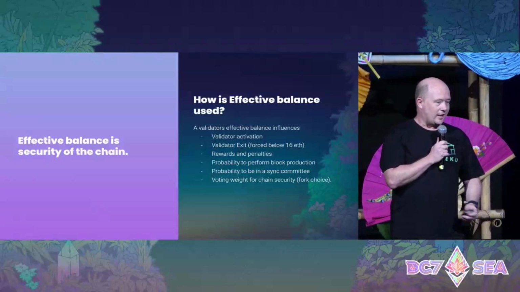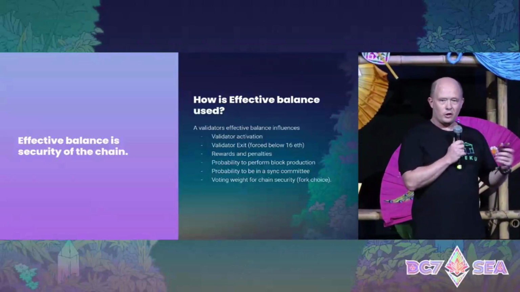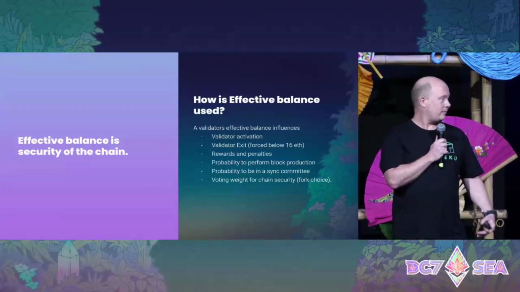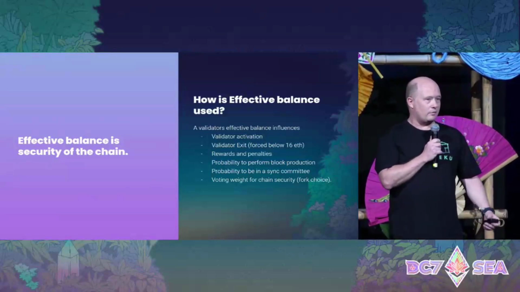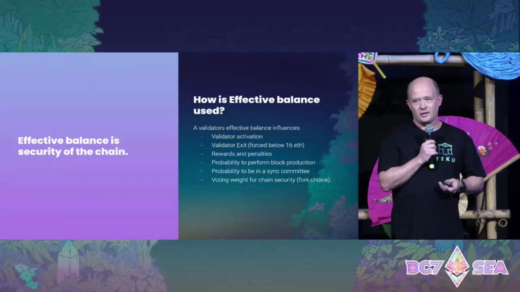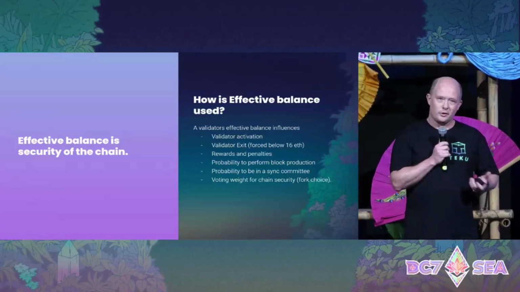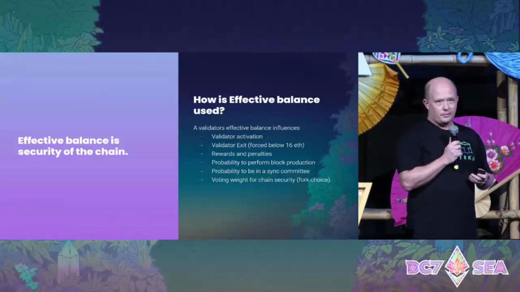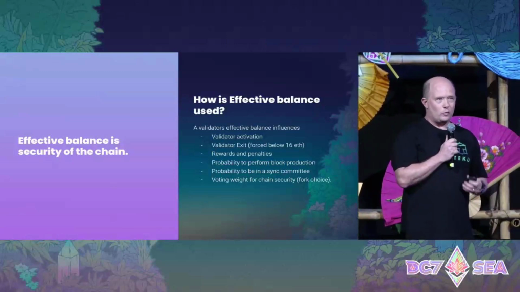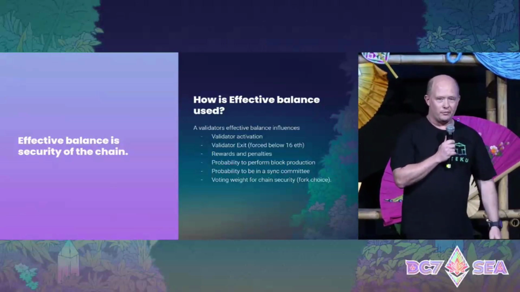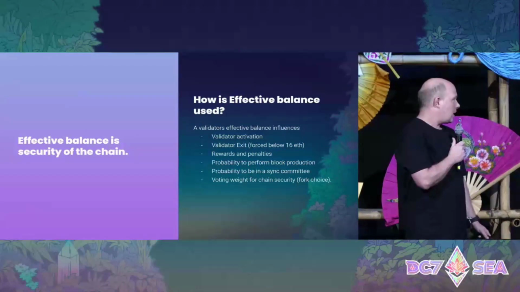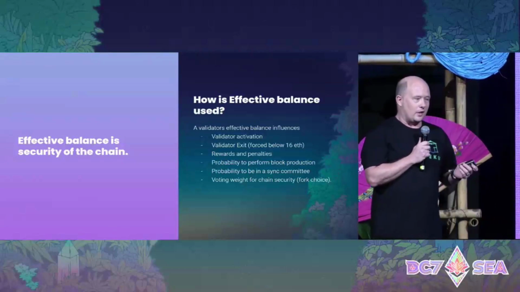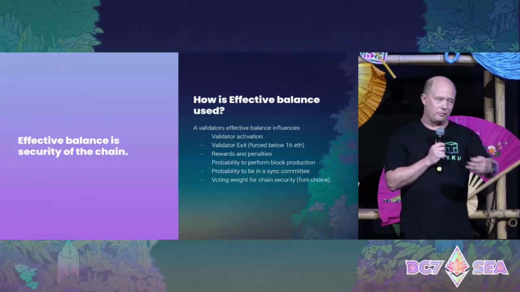As well as all of that, rewards and penalties correlate with your effective balance, so it's important there. And your probability to perform some actions, notably block production, which I know everyone likes if they're a validator, and being in a sync committee, your effective balance affects how likely you are to perform those duties. Last but not least, specifically around chain security, it's your voting weight for how the chain progresses.